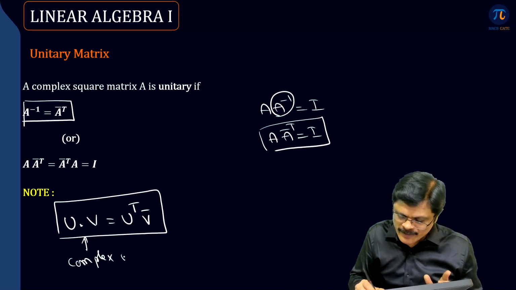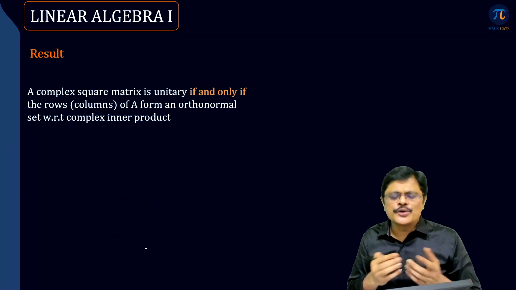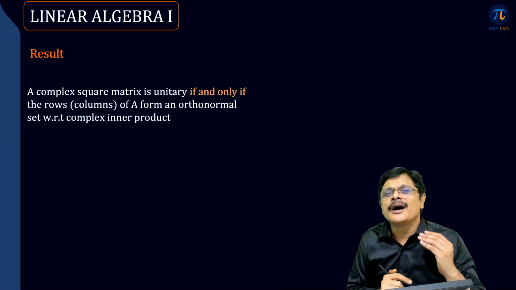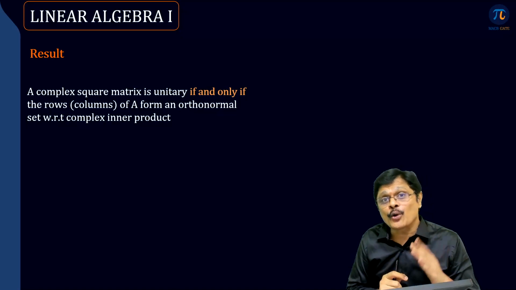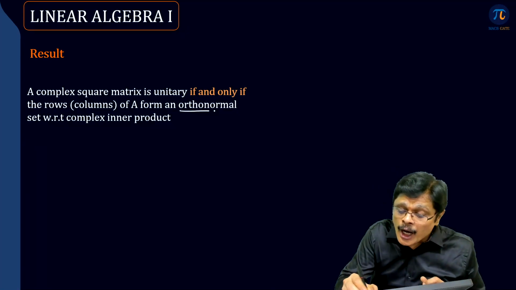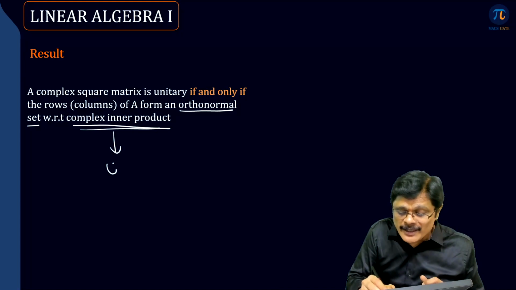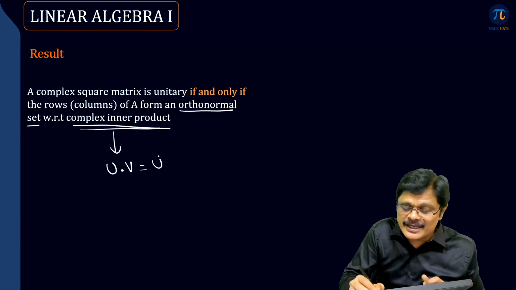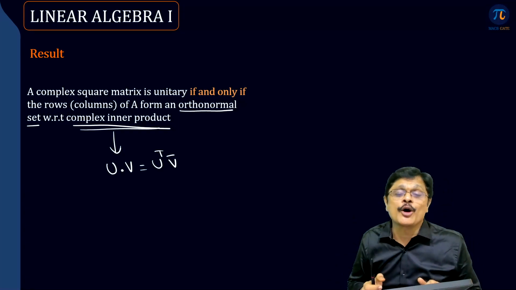You can also use this result for unitary matrices. A complex square matrix is a unitary matrix if and only if the rows and columns form an orthonormal set with respect to the complex inner product, where u dot v is u transpose into v conjugate.